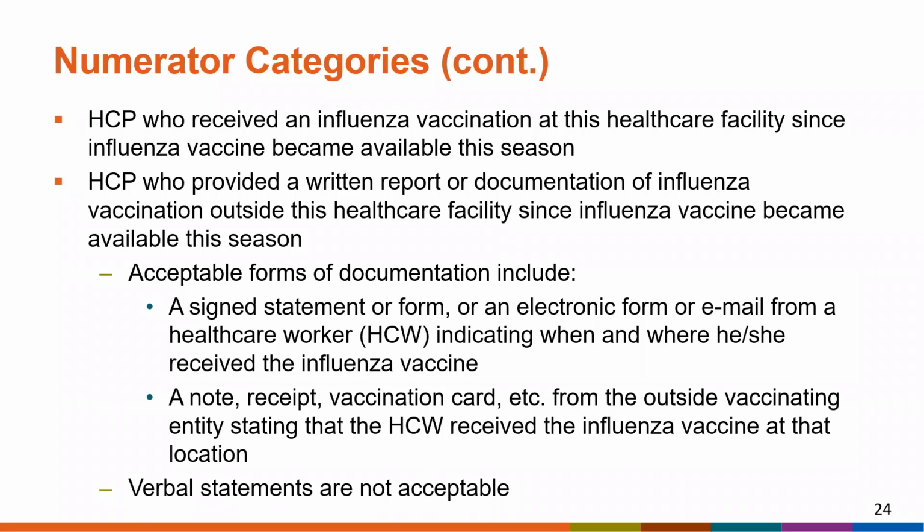Acceptable forms of documentation include a signed statement or form, an electronic form or email from the healthcare worker, or a note, receipt, or vaccination card from the outside vaccinating entity. Please note that verbal statements are not acceptable for the module.